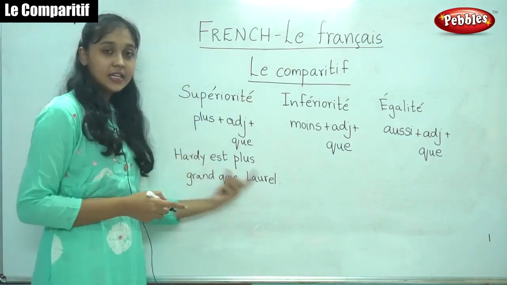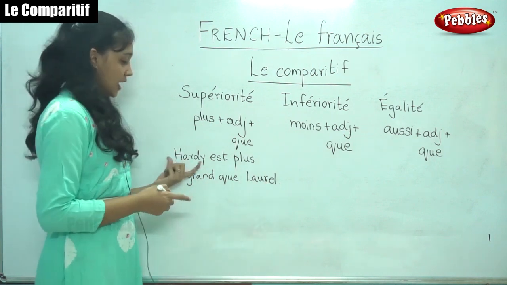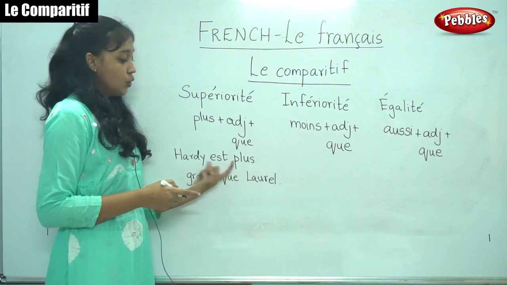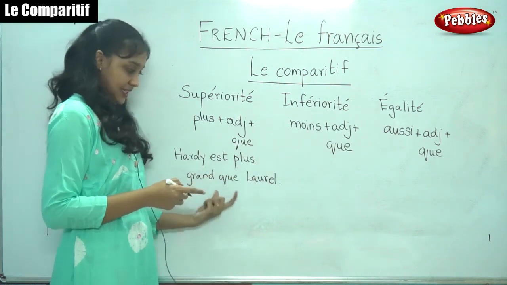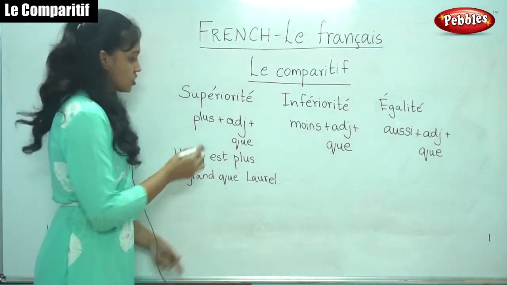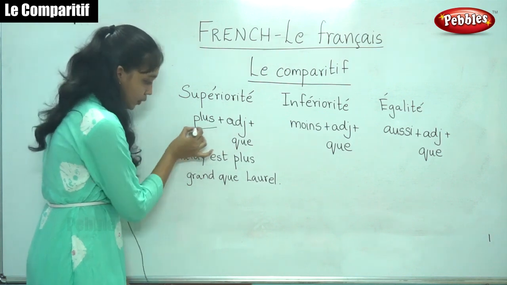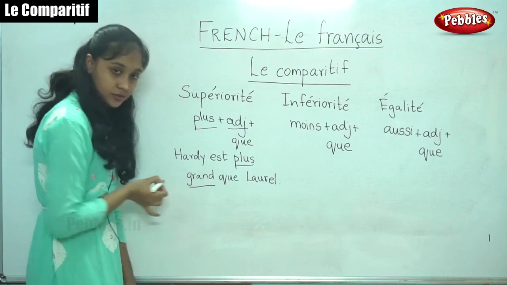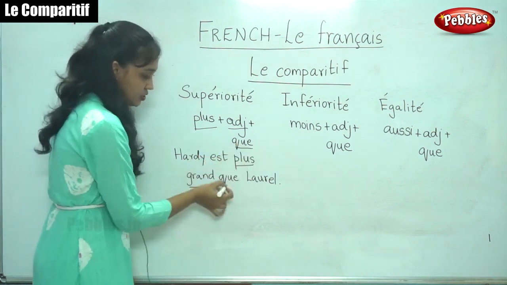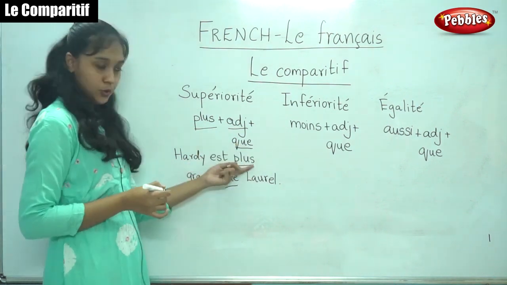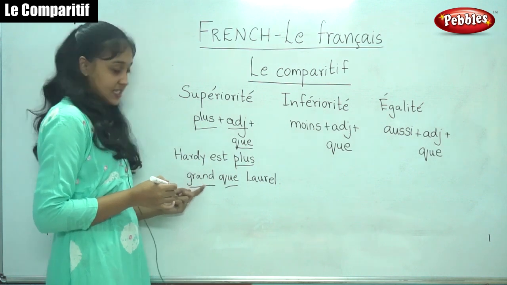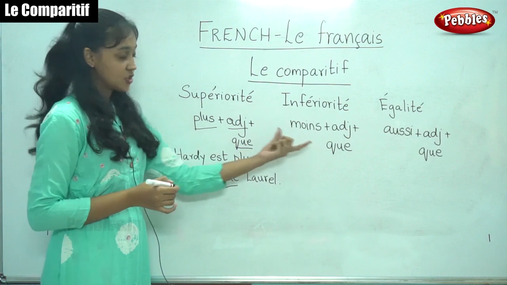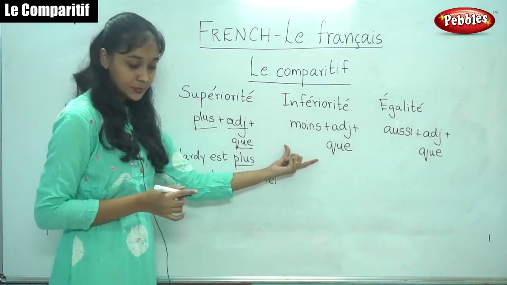We are comparing two people and this person is bigger than Laurel. So what did we use? Plus plus the adjective, which is grande, and we used que. So plus adjective plus que. Did you understand this? Now shall we move on to the inferiority?